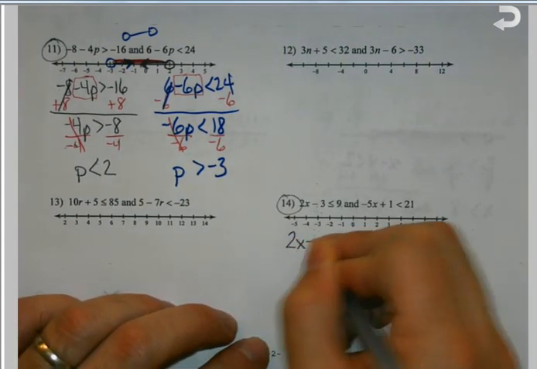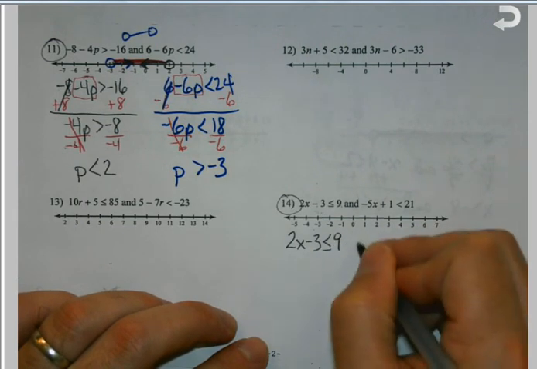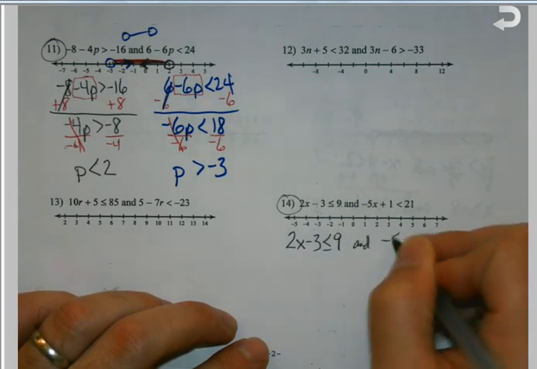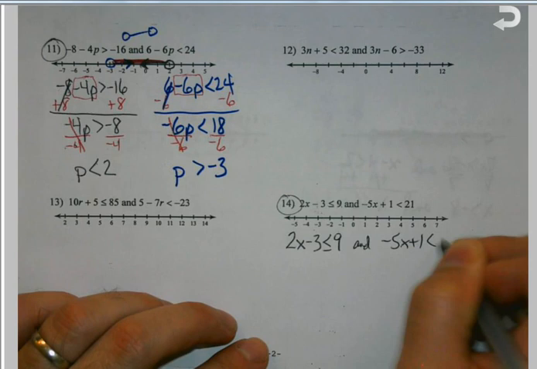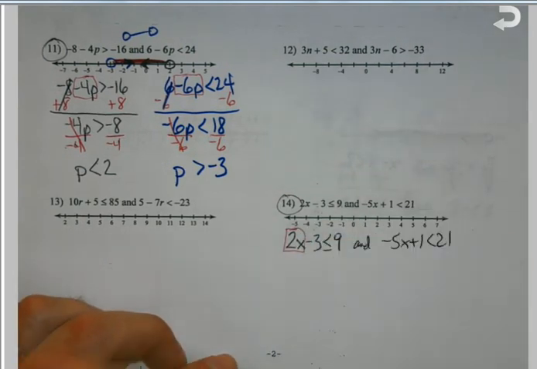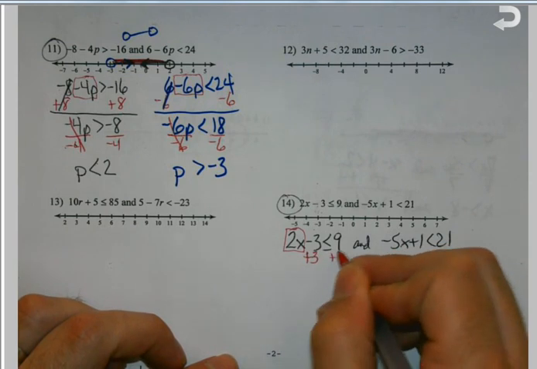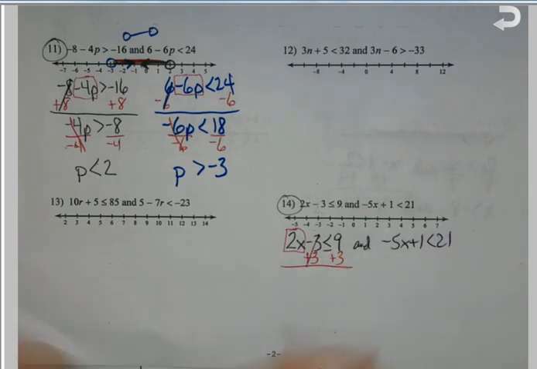All right, last one that I'm in on. Again, isolate my x. So I'll undo the -3 by plussing it.